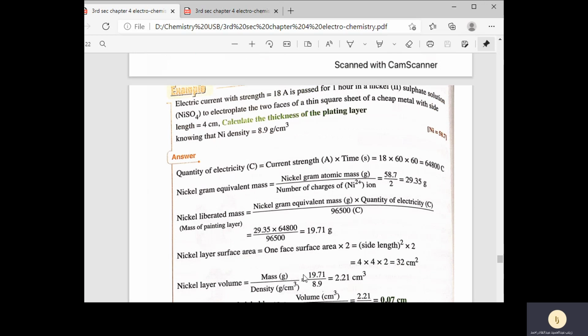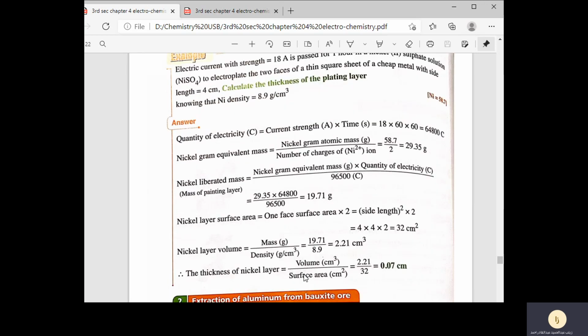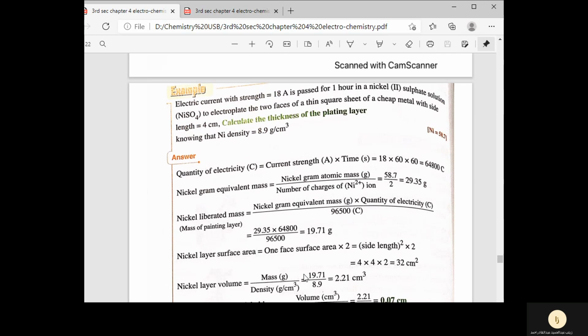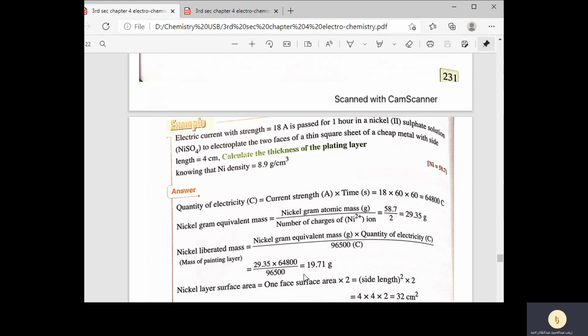في مسألة كده هنشوفها مع بعض. بيقول لي electric current with strength 18 ampere passed for 1 hour in a nickel sulfate solution NiSO4.